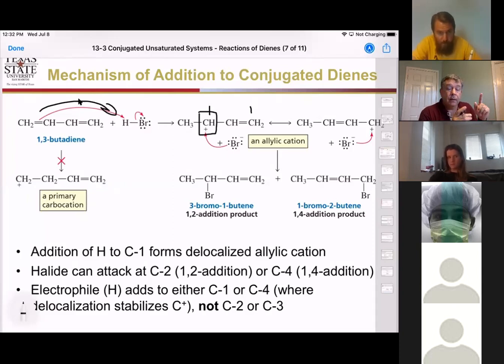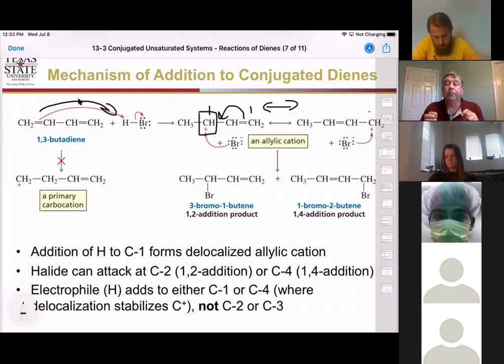But in section 13.1, we learned that a carbocation next to a double bond forms an allylic cation. And that allylic cation is resonance stabilized to move from the first carbon over to the third carbon. And it's stabilized, right? So if we draw the other resonance structure of that stabilized allylic cation, we end up moving the positive charge. These electrons kick in here, and the positive charge ends up on the terminal, the number 4 carbon here.